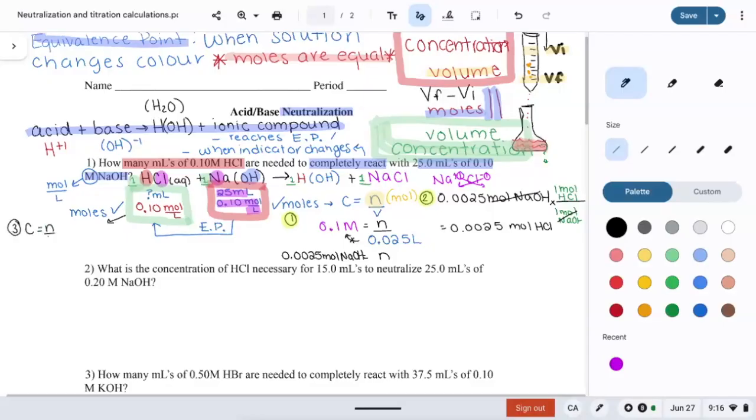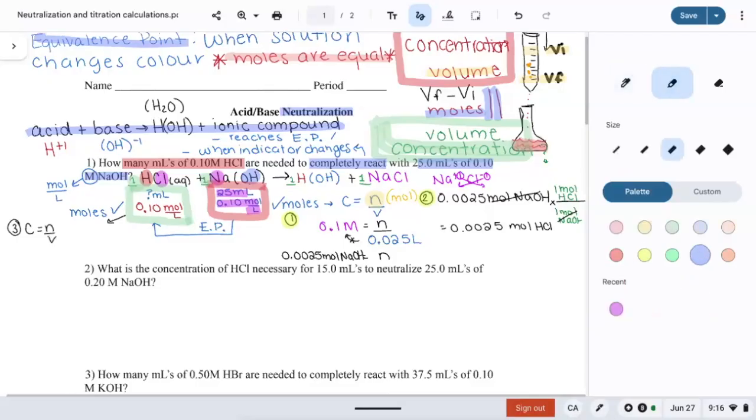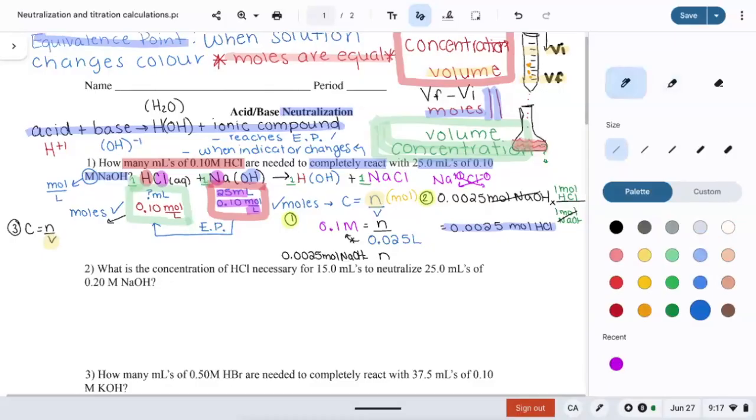So then we can use C equals N over V again, where this time we're looking for V. But now we also have the moles, because the whole point of the titration is that the moles are equal between the acid and the base at the point where the indicator changes color.